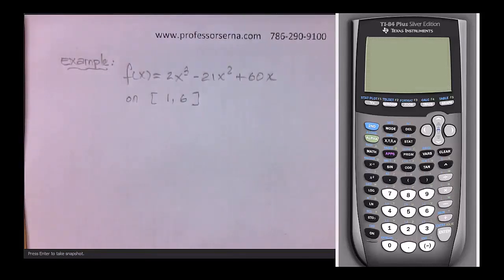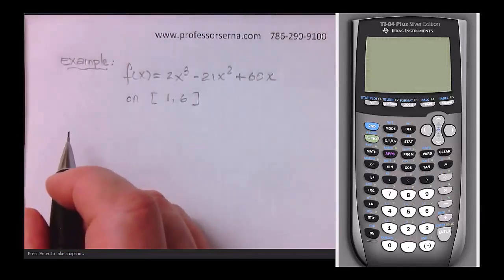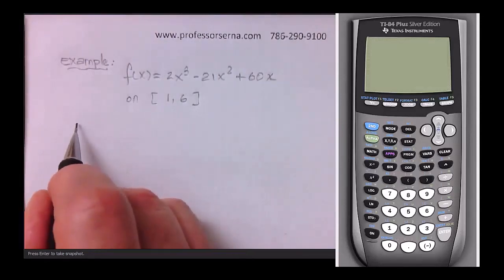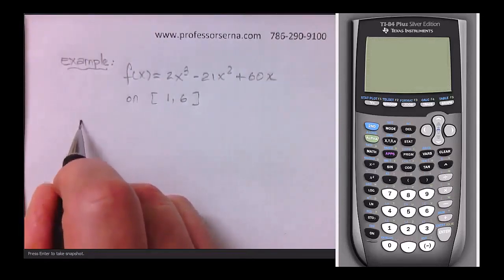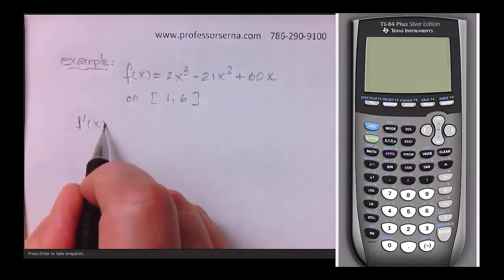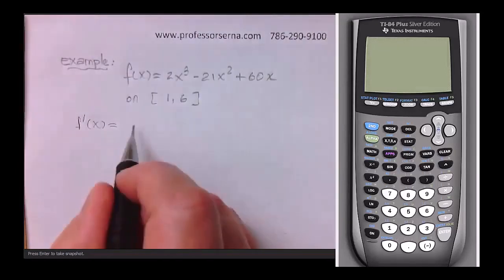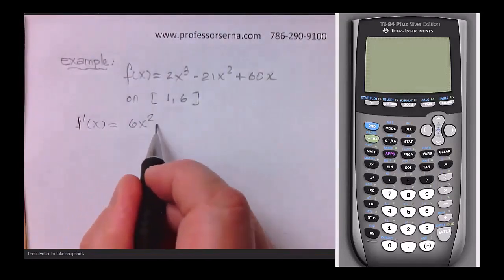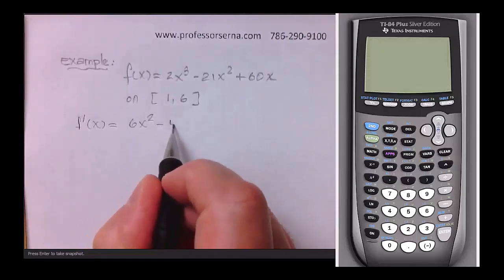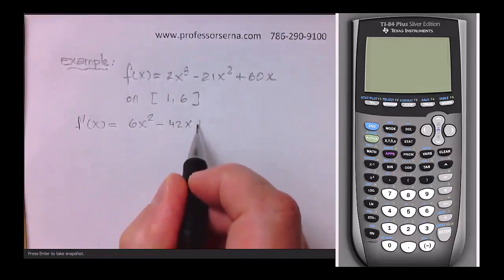So what are we going to do? What we are supposed to do, first of all, is find the critical values, find the derivative, right? The derivative is going to be 3 times 2 is 6x squared minus 42x plus 60.